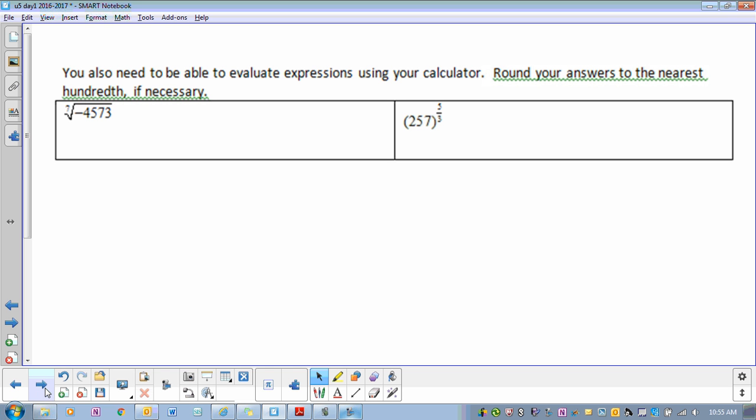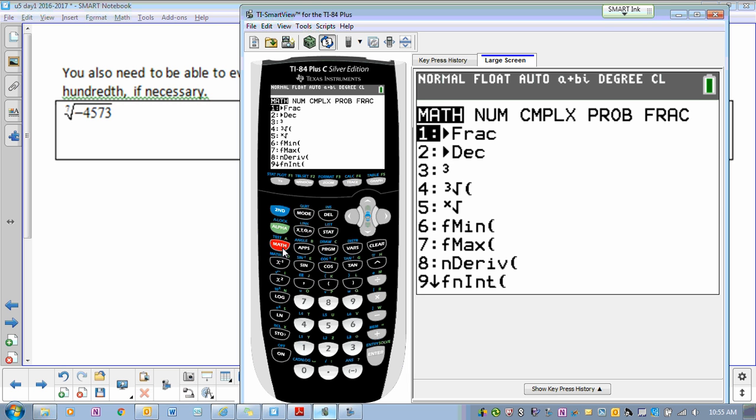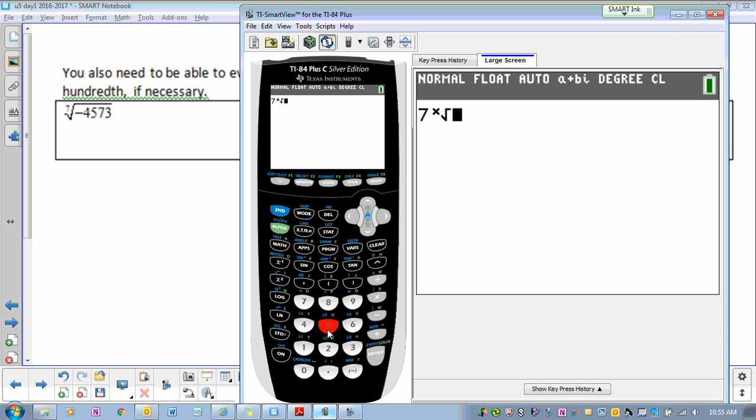So this one is the 7th root of negative 4,573. I showed you guys how to make this a 7th root on your calculator, right? So let's try it. We got to put that 7 first, right? Our root number. And then we're going to go to math. And then we're going to go to number 5.